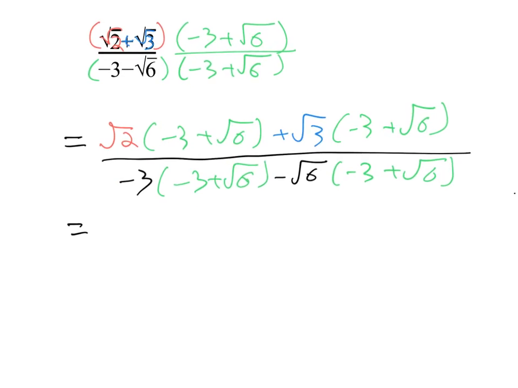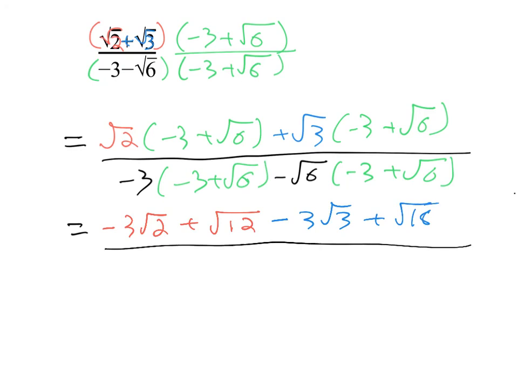Let's get to work. In the numerator, negative 3 root 2 plus root 12. Subtract 3 root 3 plus root 18. So I've expanded the expression here and here into those two portions.